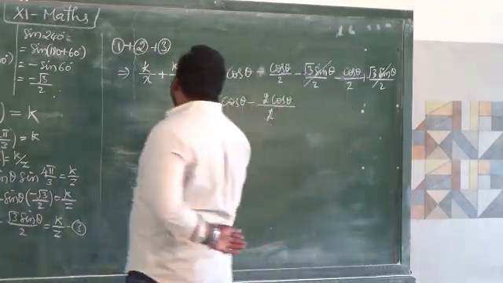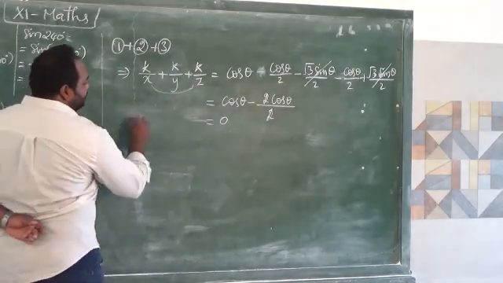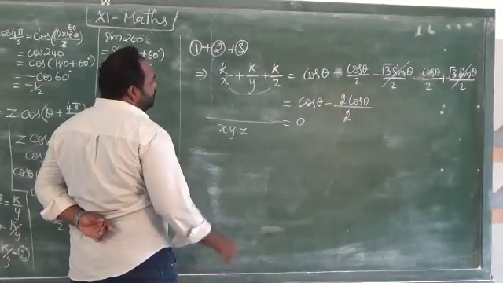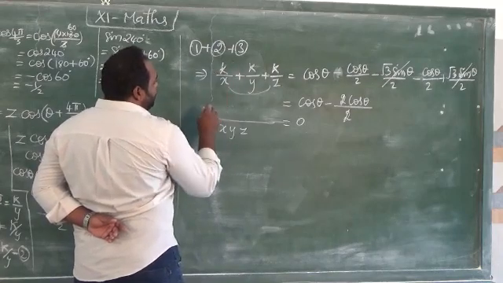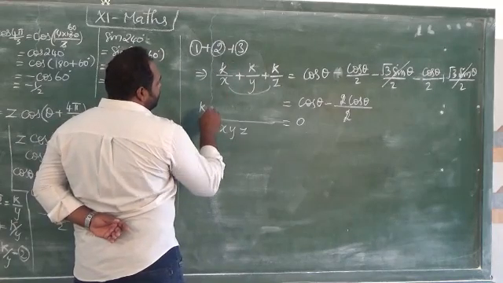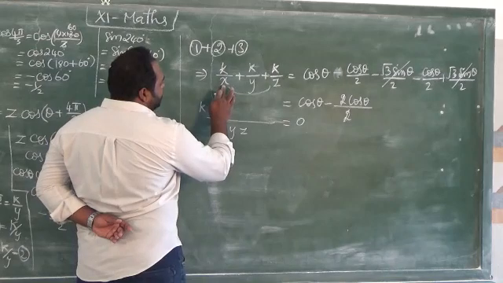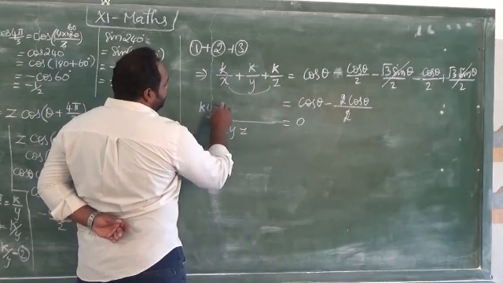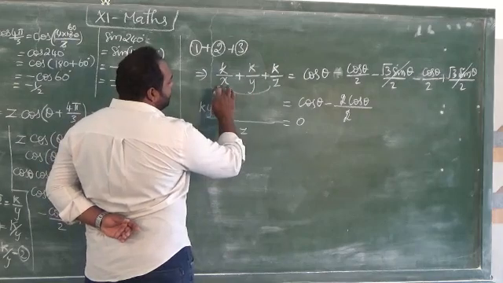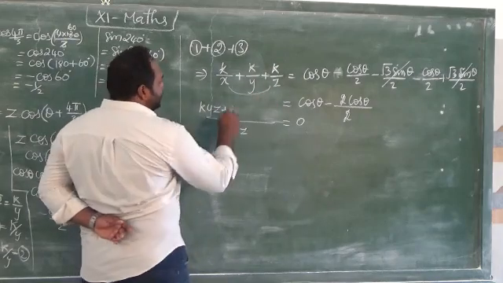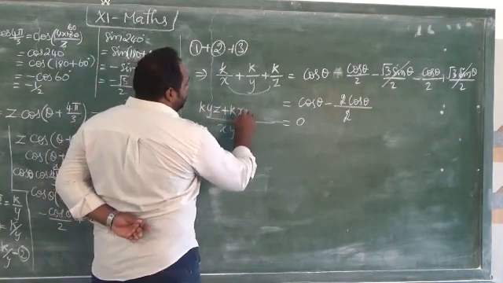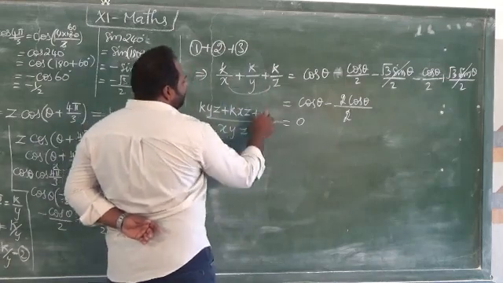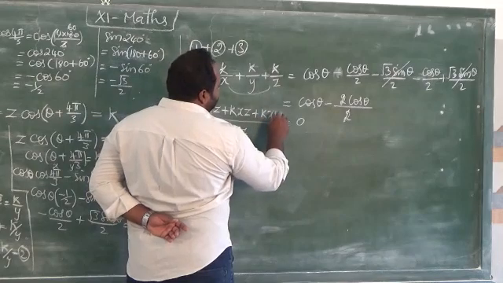So what is the value? Here I am going to take LCM for the terms x, y, z. If you take LCM, the numerator: k into, here x is there, y and z are not there, so yz, plus here y is there, x and z are not there, so k into xz, plus here z is there, we don't know x and y, so k into xy.